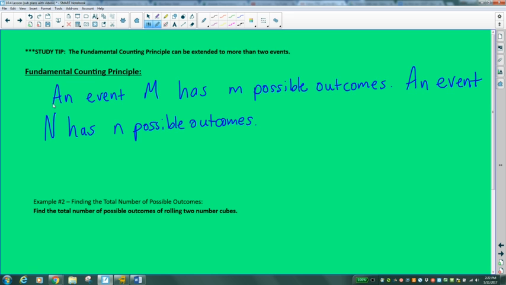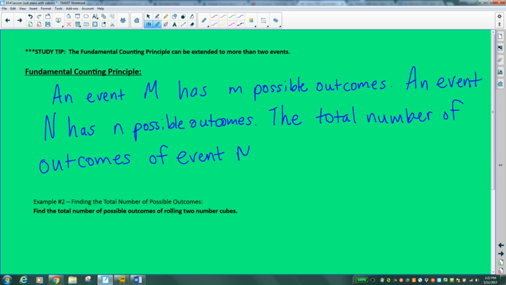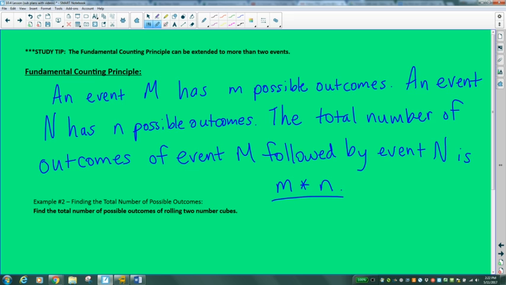So what I'm saying with the counting principle is that the total number of outcomes of event M followed by event N is simply the number of outcomes for M, which is lowercase m, times the number of outcomes for event N, which is lowercase n. And that is the fundamental counting principle.